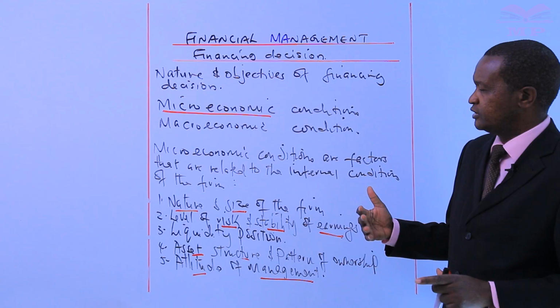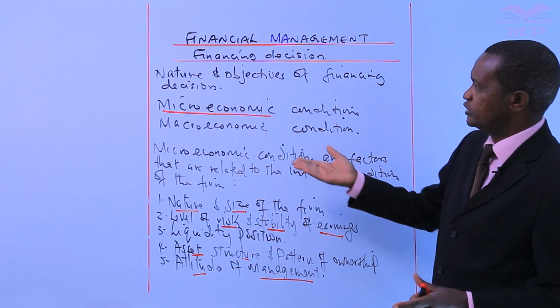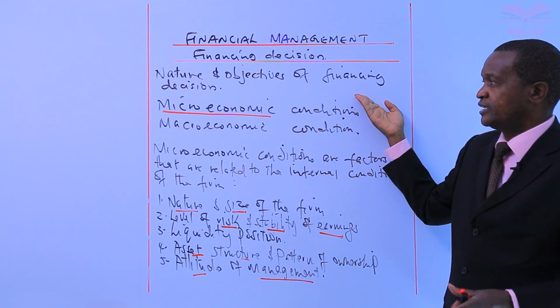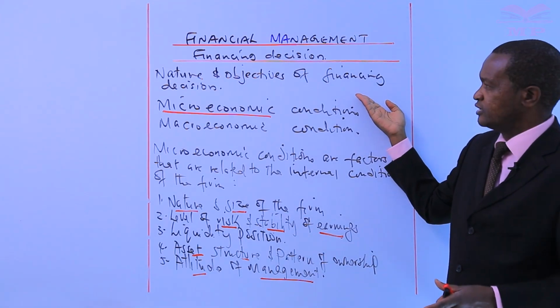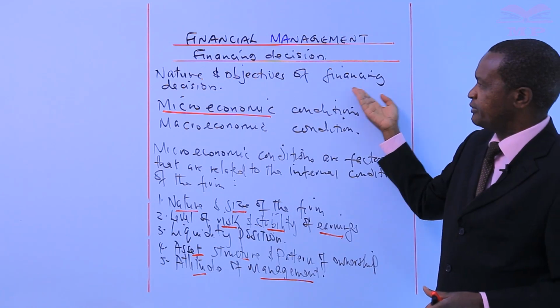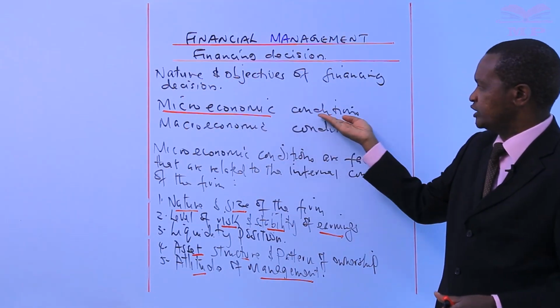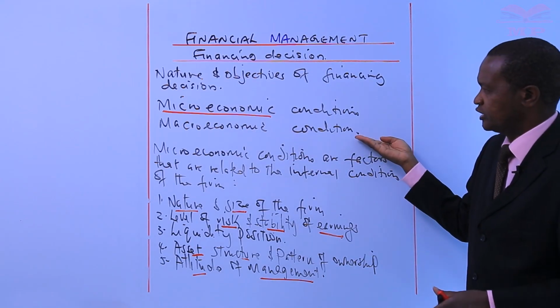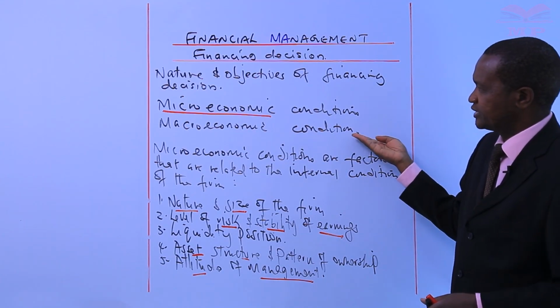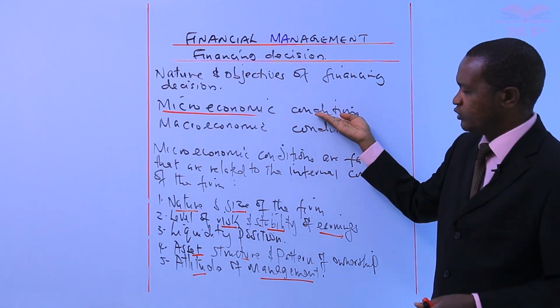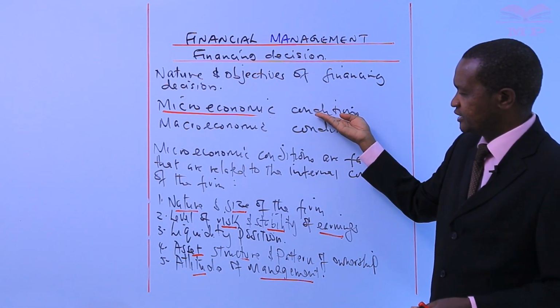And in our today's lesson, we introduced the subtopic on the nature and objectives of financing decisions. We've said that financing decisions can be influenced by microeconomic conditions and macroeconomic conditions. In our today's lesson, we discussed the microeconomic conditions that influence financing decisions.